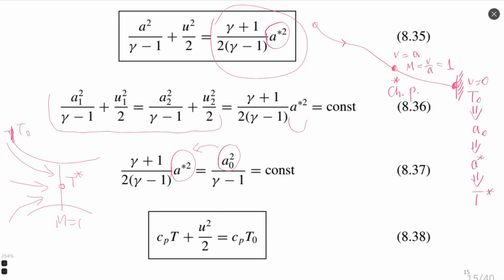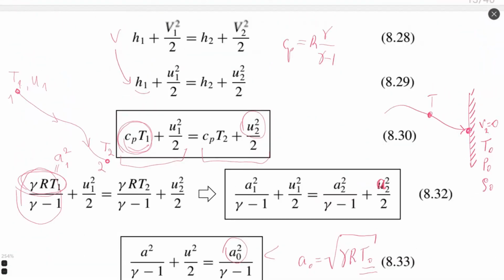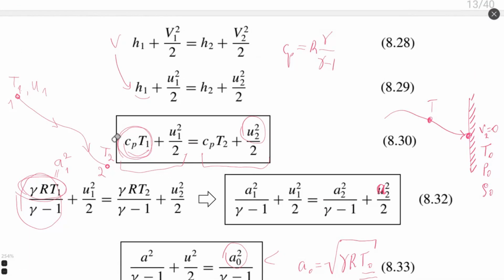Equation 38 is just repeating one of the previous equations. Let's see, Cp multiplied by T we already had before. So this equation is equation 30. We just assume that we have, not isentropic, sorry, we have stagnation point at point 2, so we will not have any kind of velocity, and we just will have temperature.